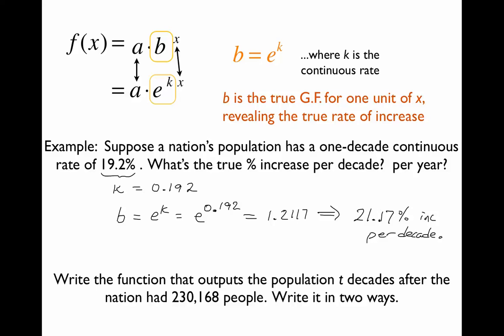Notice, it's kind of close to this, but when combined with continuous compounding, we know that compounding gives a higher rate if it's for increase, right? So 19.2% continuous is the same as a true percent increase of 21.17%. That's what's actually happening to the population.